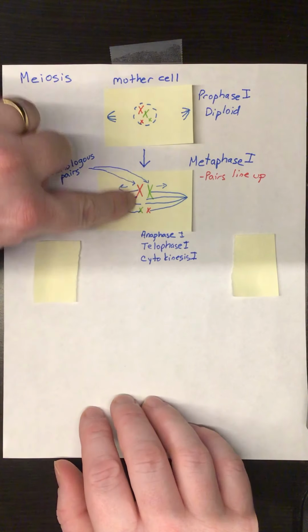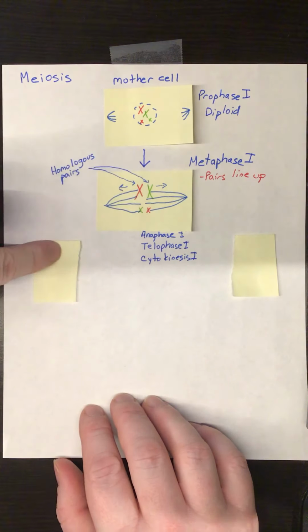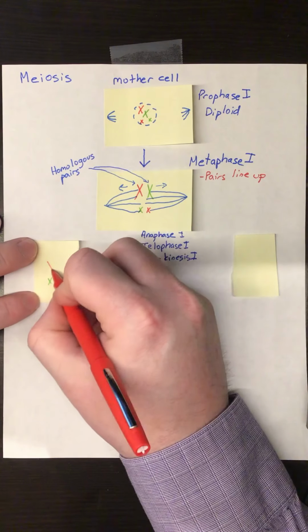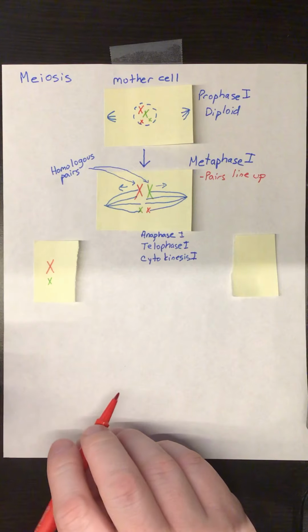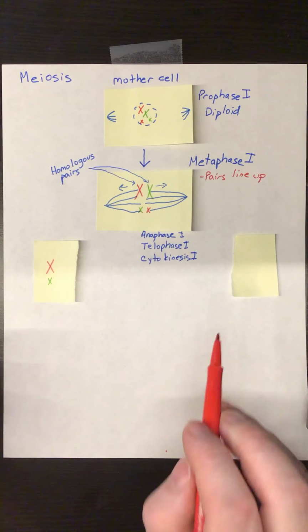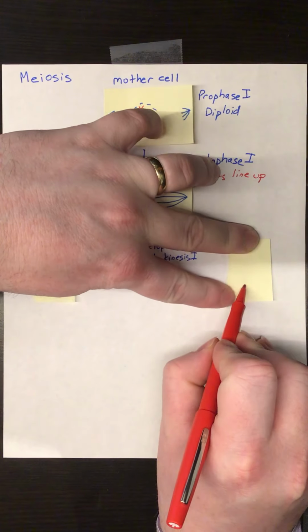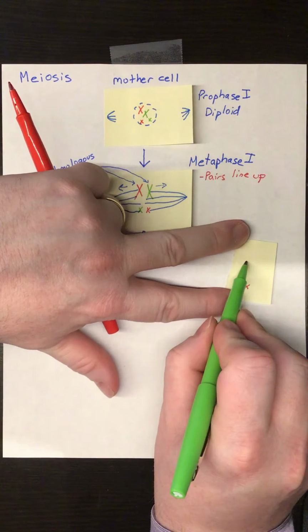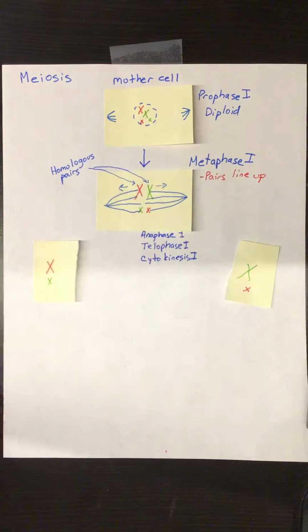And now if you follow these along, you'll see what each cell has. So this cell on the left got the little green chromosome 2 and the big red chromosome 1. The cell on the right got the little red chromosome 2 and the big green chromosome 1.